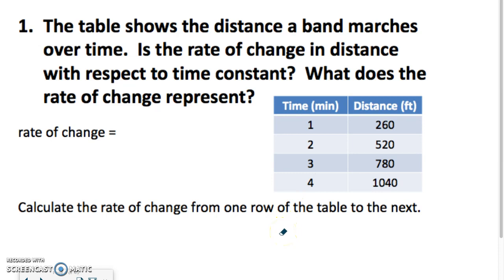Okay, first problem. The table below shows the distance a band marches over time. Is the rate of change in distance with the respective time constant? What does the rate of change represent?